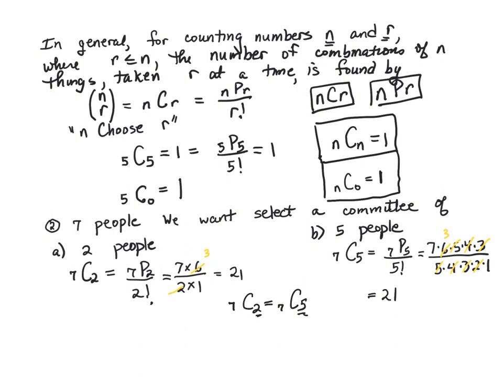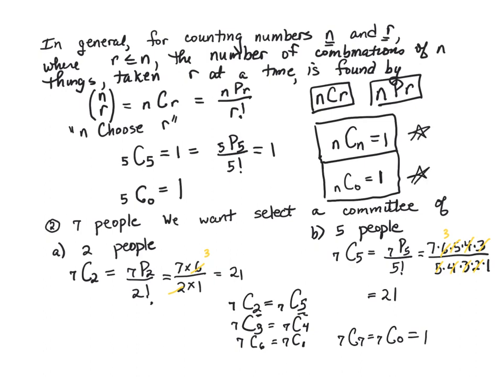In the same way, what do you think 7C3 is equal to? That would be 7C4, or 7C6 is equal to 7C1. And finally, 7C7 is equal to 7C0, which is the property that we have above here.